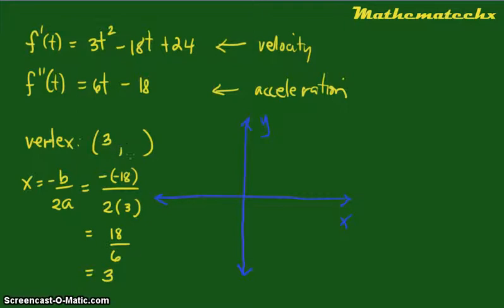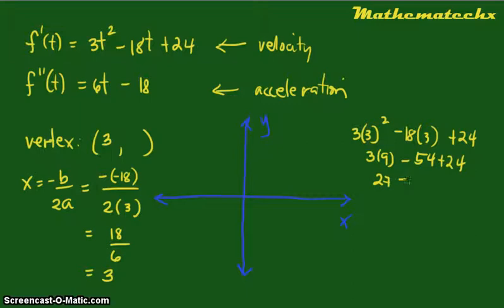Since a vertex is a point, we need to know the y value for this. All you have to do is place the value 3 in this function. That will be 3 squared minus 18 times 3 plus 24. So this will be 3 times 9 minus 54 plus 24.